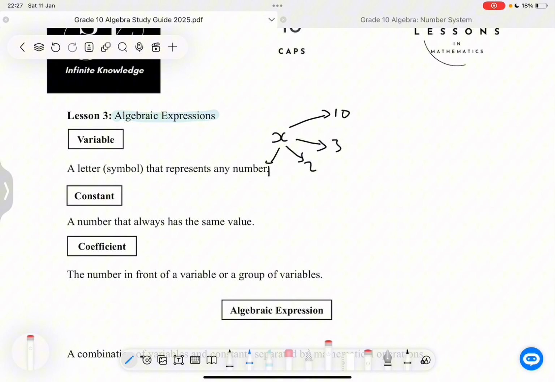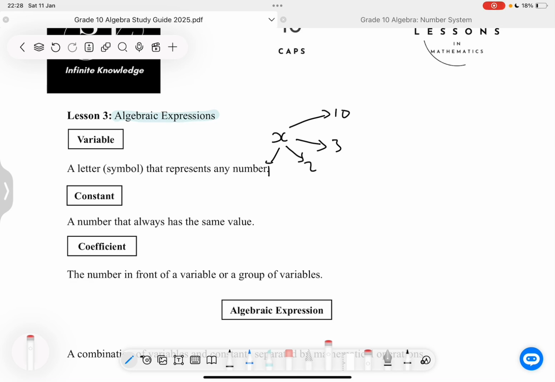So this means that X varies, it changes. It's not one number. It can be 1, 2, 3, a 10, or even a billion. It varies. Hence we call it a variable, right? It's a letter that represents any number that varies.